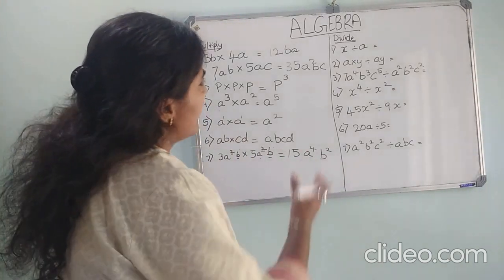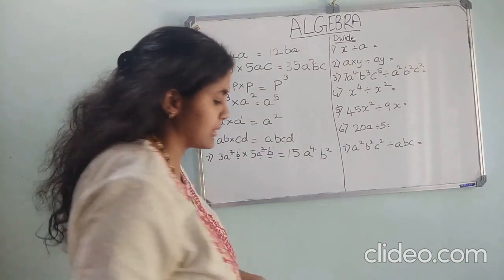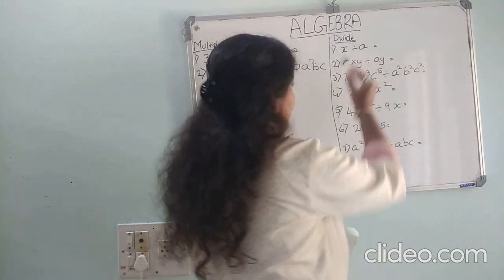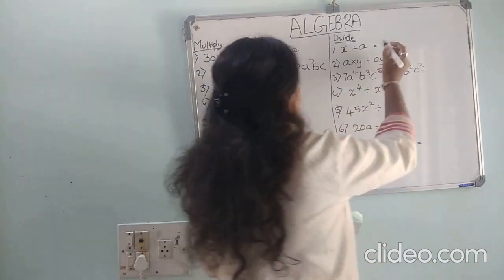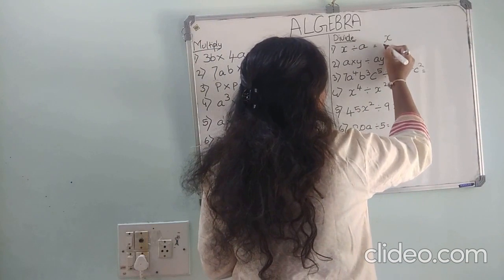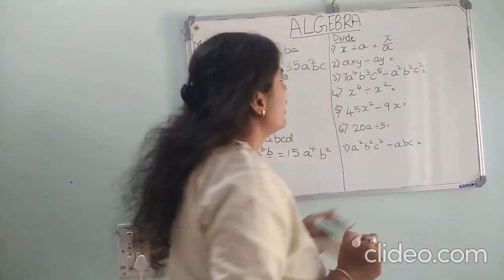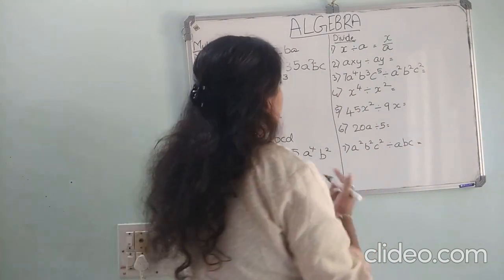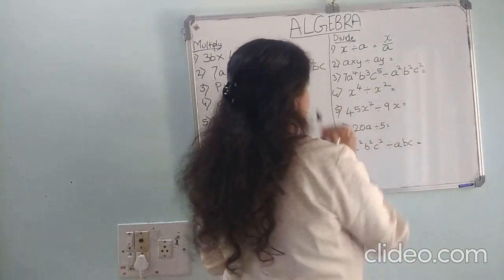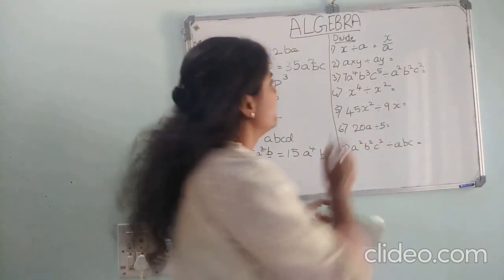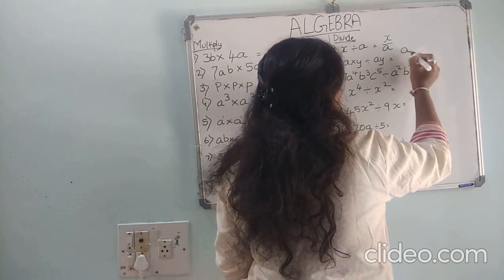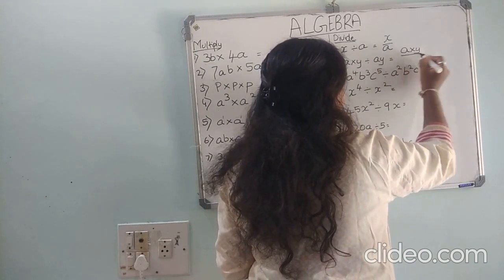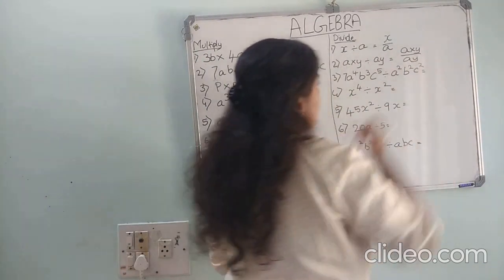Okay. Next we will come to the division part. X divided by A. I will write it as it is because they are different terms: x divided by A. Here AXY divided by AY.